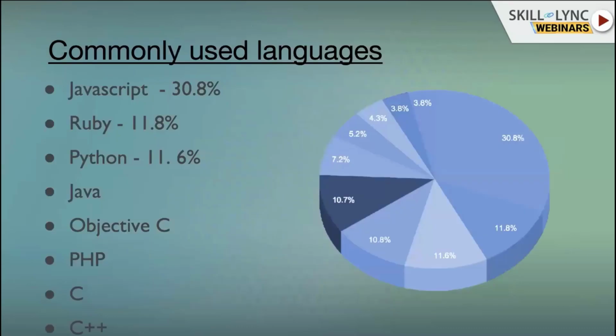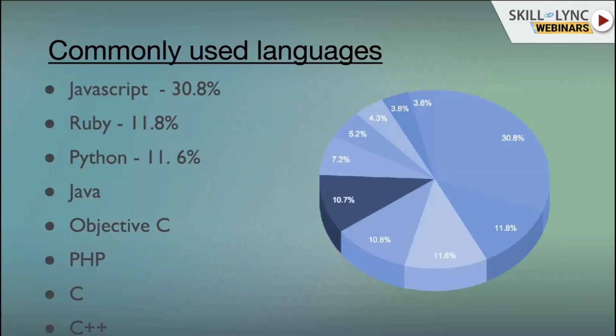So when we see this chart, you see JavaScript is the most commonly used language. This is because previously there were a few companies who were sticking to the legacy systems. Now even they are moving to the cloud. So when the legacy systems move to the cloud, what happens? You have to access them through a web client or a mobile client.